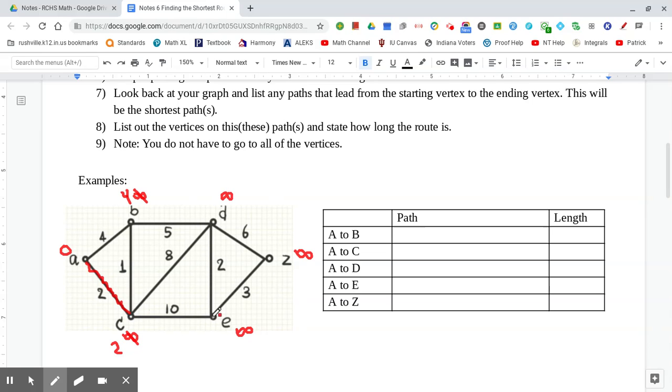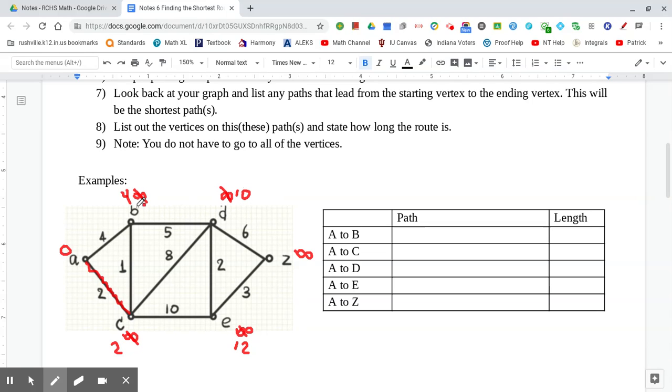The previous distance to get to C was 2, and the new weight from C to E is 10, so 2 plus 10 gives me 12. I'm going to cross out the infinity symbol and mark down 12. To go to D, getting to C was 2, but going from C to D is 8, so 2 plus 8 gives me 10.